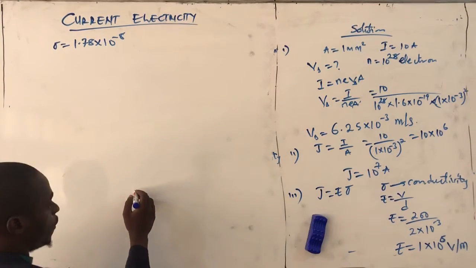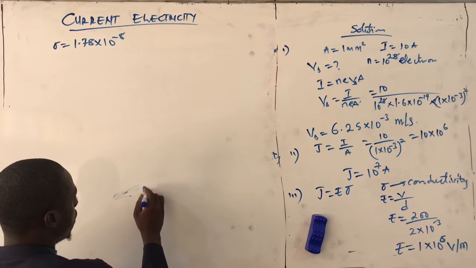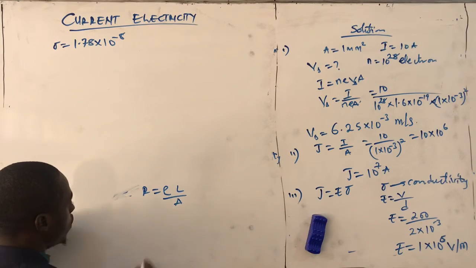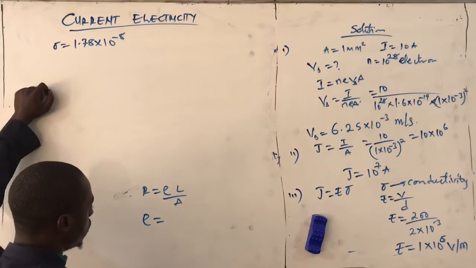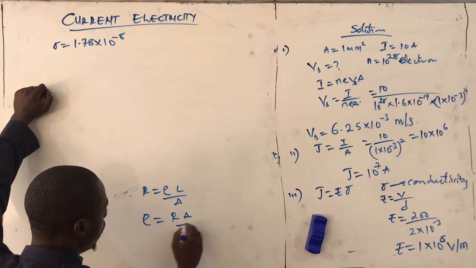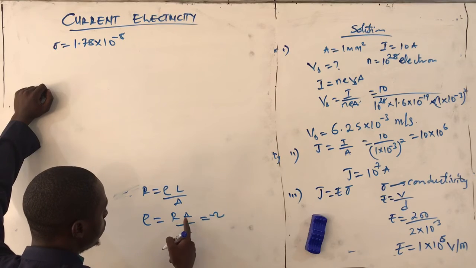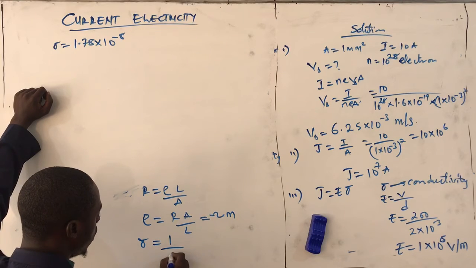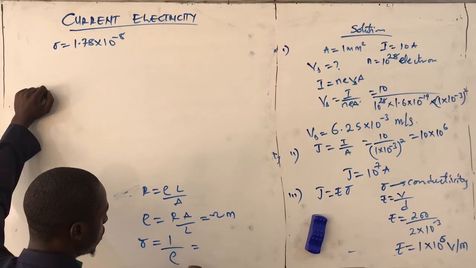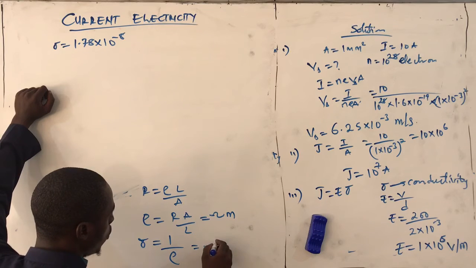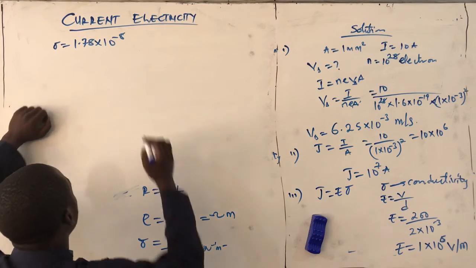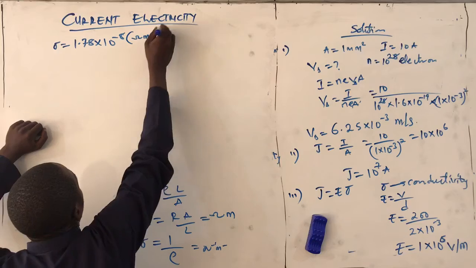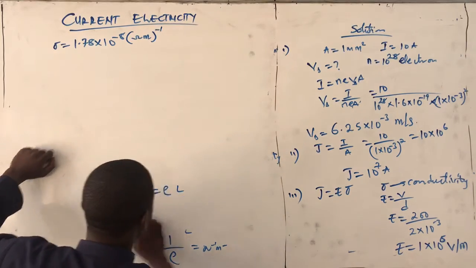Because we know that from resistivity, resistance is equal to rho L all over A. So rho is equal to RA all over L, and the unit is ohm meter. The conductivity is equal to 1 over resistivity, which is the same thing as per ohm meter.